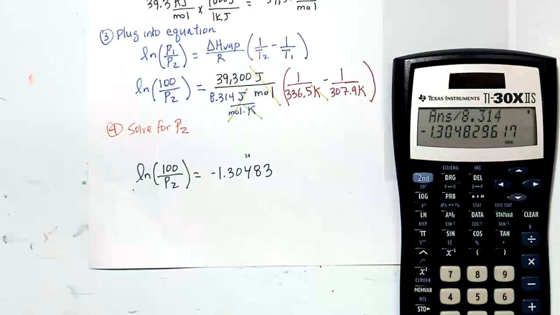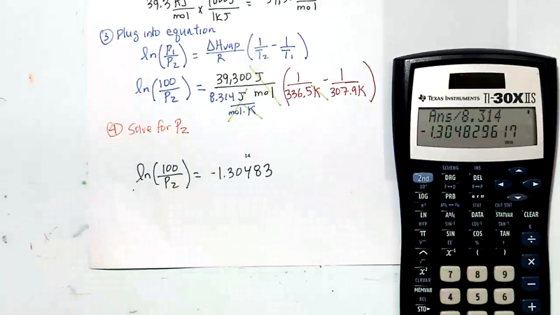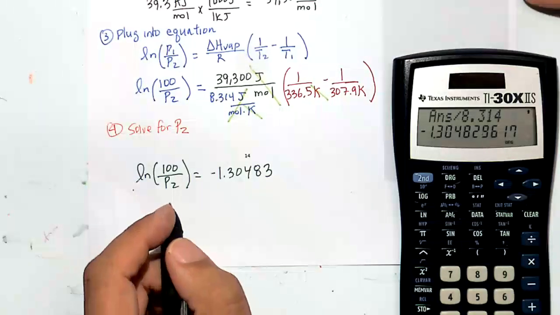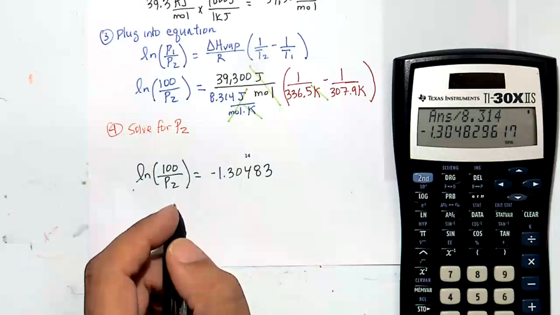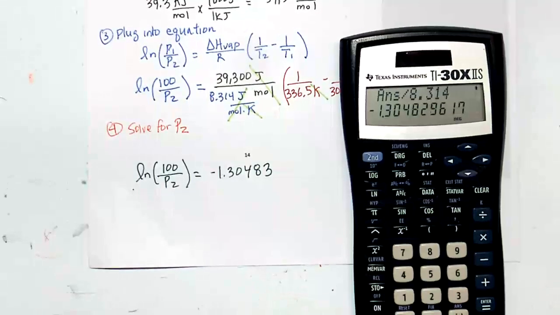How will we solve for P2? You see that 100 over P2 is within the natural log. So we will not take the natural log, we will do the opposite. What's the opposite of natural log? The opposite of natural log is the inverse natural log. So we will take the inverse natural log of both sides. What is the inverse natural log called?